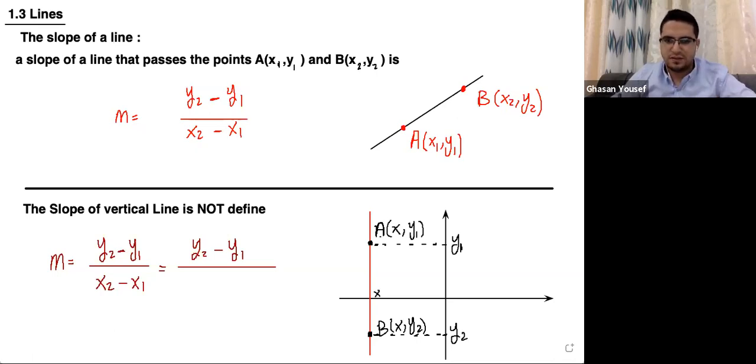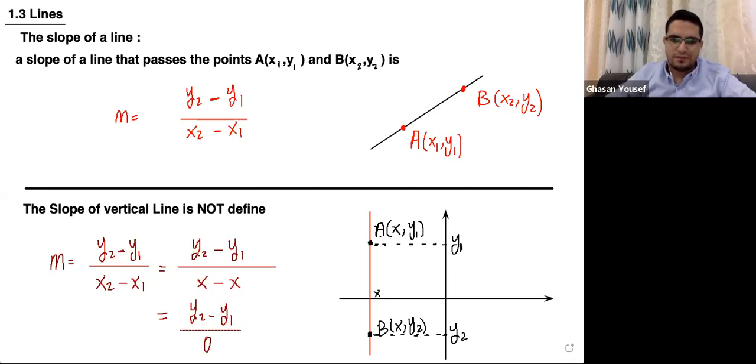It is x. Yes, look, it's x. So my x2 is x. What is my x1? The same x. So actually I get y2 minus y1 over what? x minus x is 0, exactly. So I get y2 minus y1 over 0.